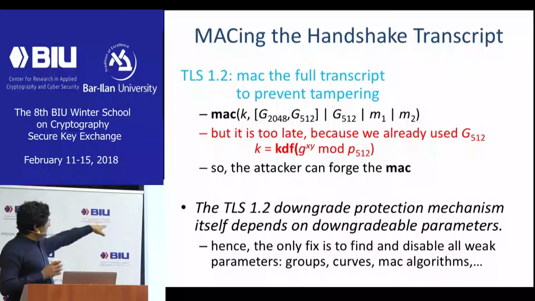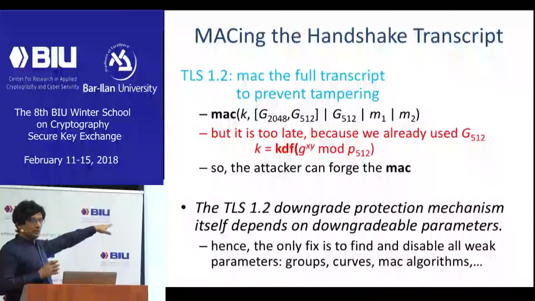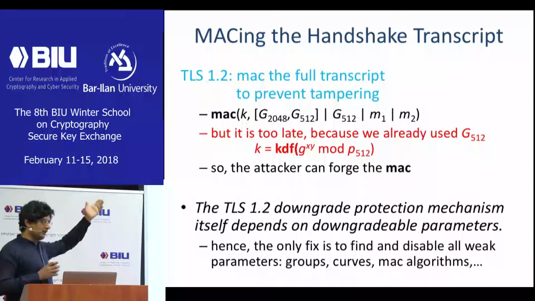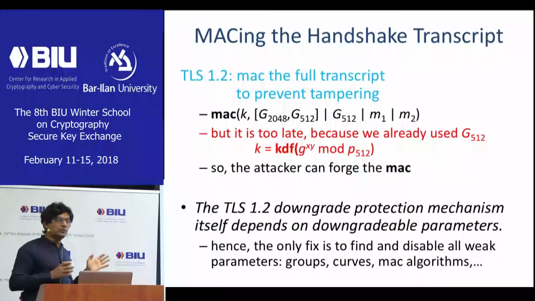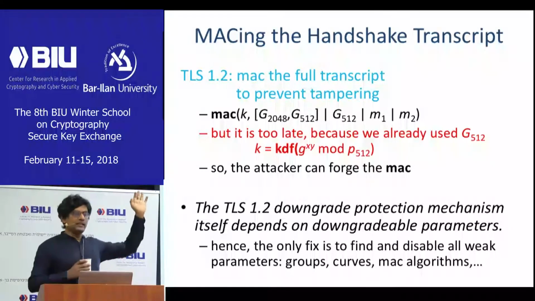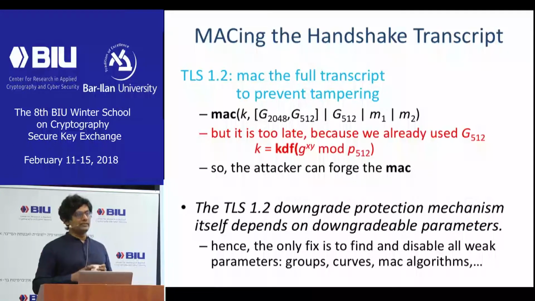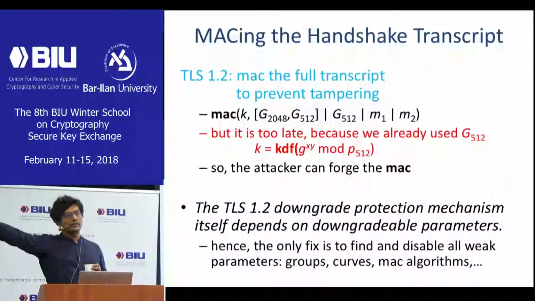So in order to prevent this particular kind of attack, you either have to change the protocol, which is what has happened in TLS 1.3, to rely on signatures for downgrade protection in addition to MACs and do other things as well which prevent this attack. Or you have to remove all weak parameters. You just have to say, let's kill all the 512-bit groups from the internet, which is a hard task actually, because there's a long tail of these weak parameters that just don't disappear that easily.